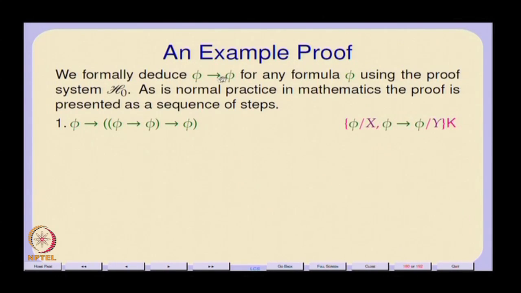The normal way we write proofs in mathematics, and we should be writing it that way, is that every step is somehow justified. You will find that these Hilbert-style proof systems initially are not very easy to understand.